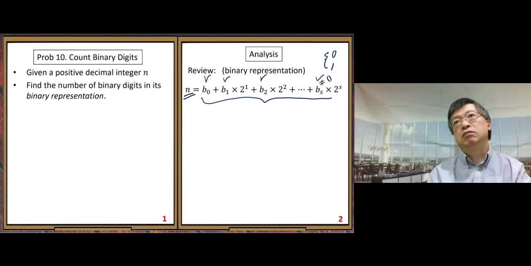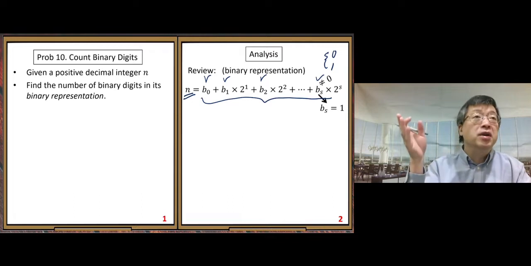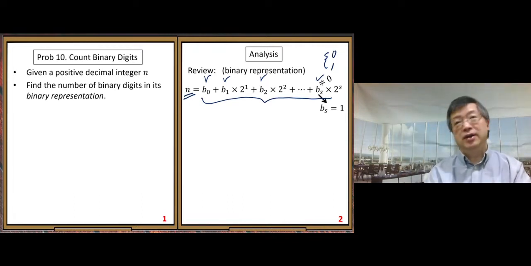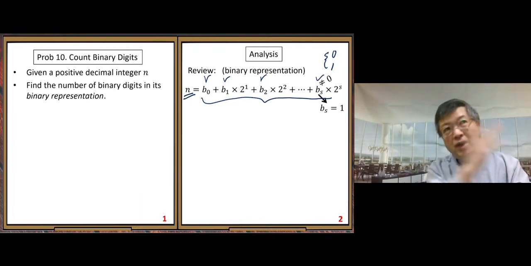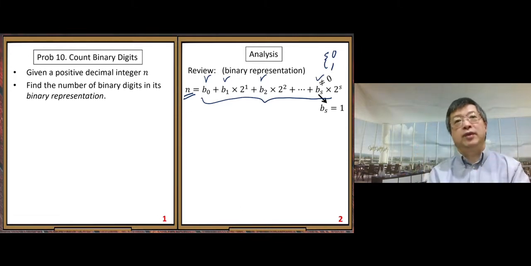So we can assume the most significant bit is non-zero, so it can only be 1. For other bits we don't know, but this one we are sure is 1.